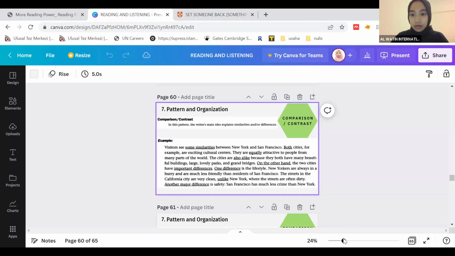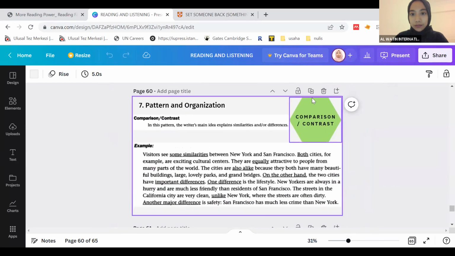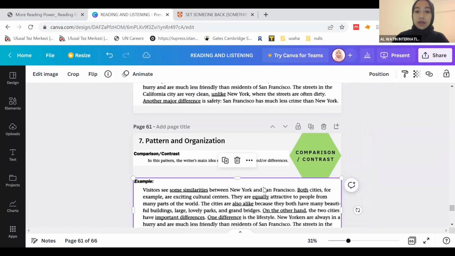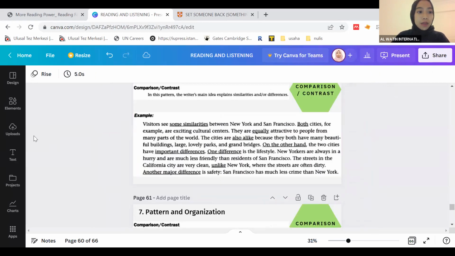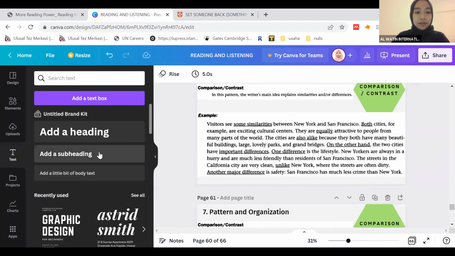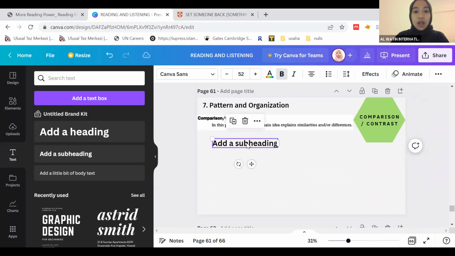Let's see. I will copy this. I want to make this paragraph. Let's write this paragraph for the similarity and the difference. Right here, I will write New York.